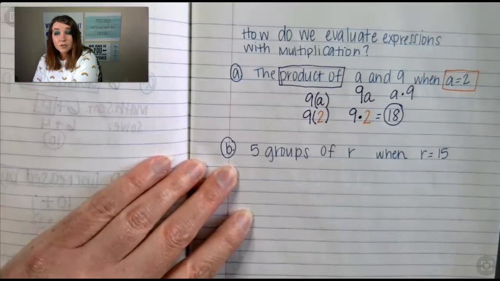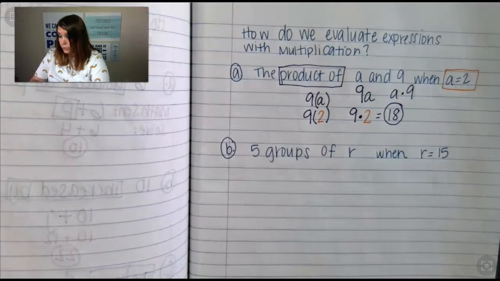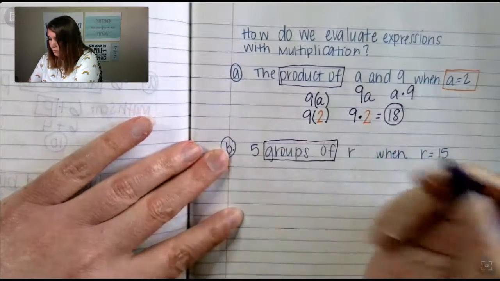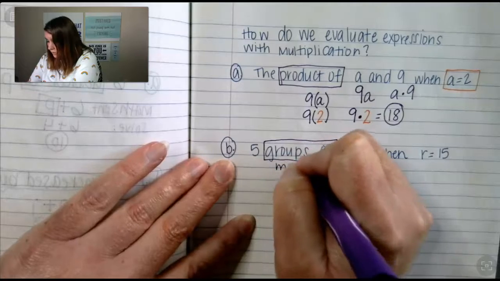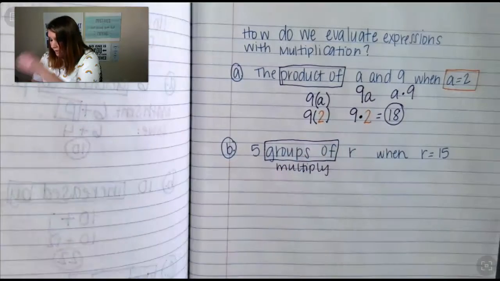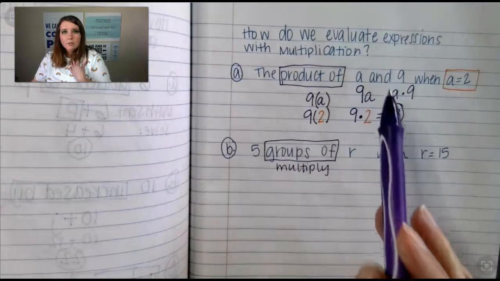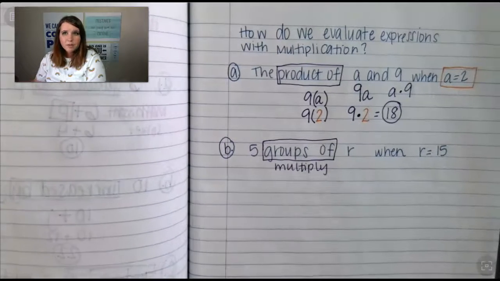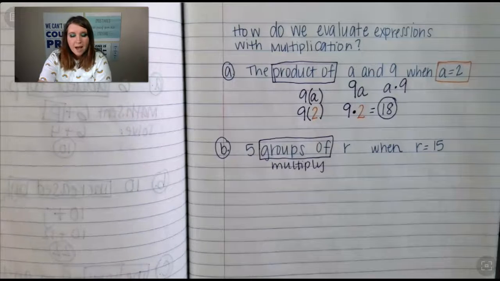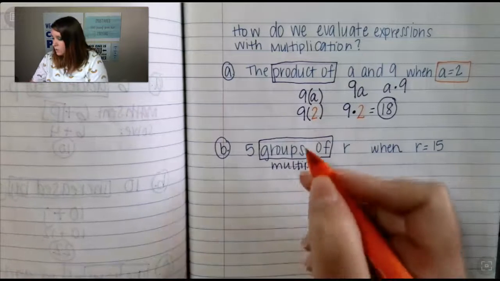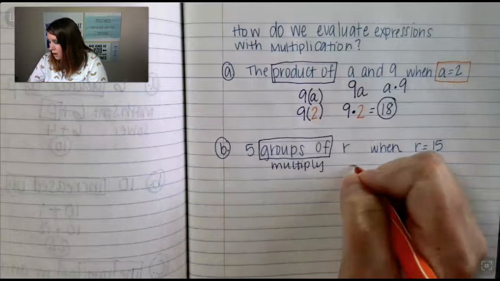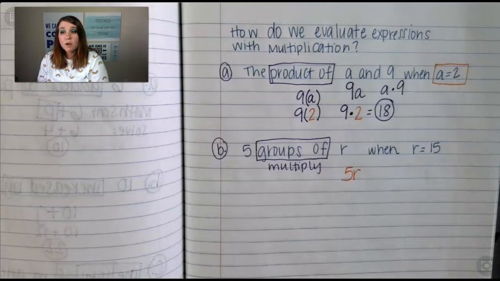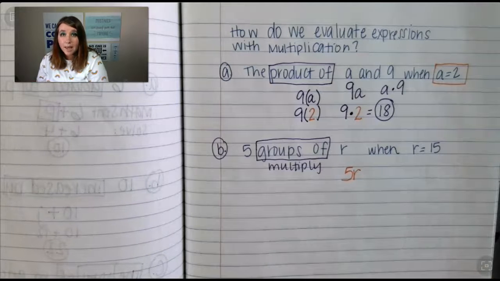So we can write this first as clue word, groups of. Groups of, we know, is multiplication. So we need to multiply. Again, we know that because of the title, but in the real world, we won't know that because the title's not just going to be running around on the paper. So multiply 5 and R, or 5R. Again, you can write it however you want, just don't use an X.